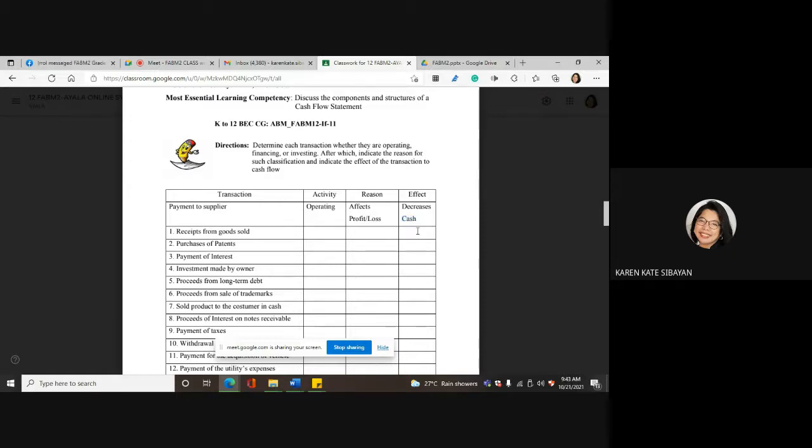Increases cash. Pero kapag nakalagay yan sa credit, decreases cash. Ganun ang transaction. Example na lang dito, payment to supplier. Nagbayad ka sa supplier mo, so ibig sabihin nabawasan ka ng cash kasi nasa credit side ang cash nito. Okay?